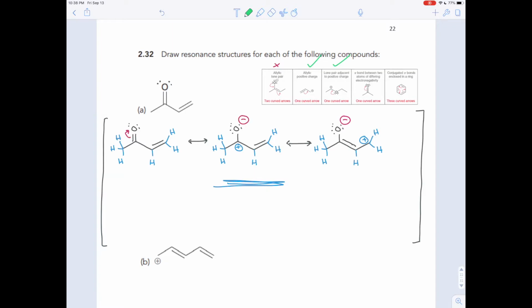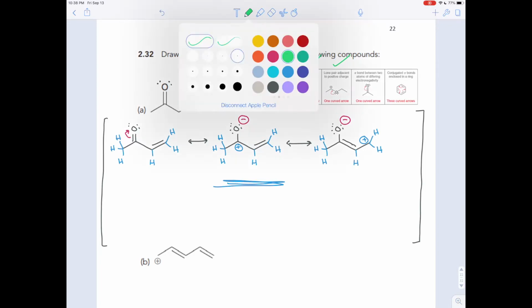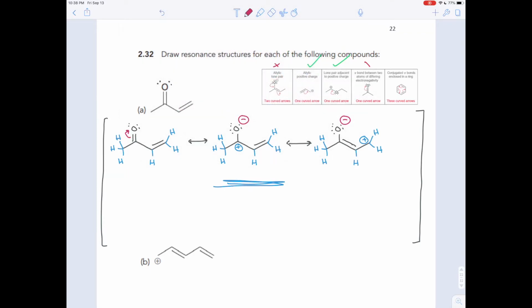All right, next. How about a pi bond between 2 atoms of different electronegativity? We don't have that one here because we have a pi bond, but it's between 2 carbons, and so the carbons have the same electronegativity, so we don't have that pattern. And last but not least, do we have conjugated pi bonds in a ring, alternating single and double bonds all the way around a ring?